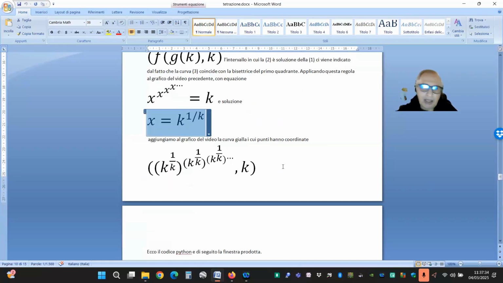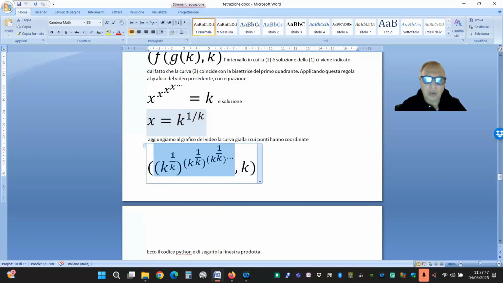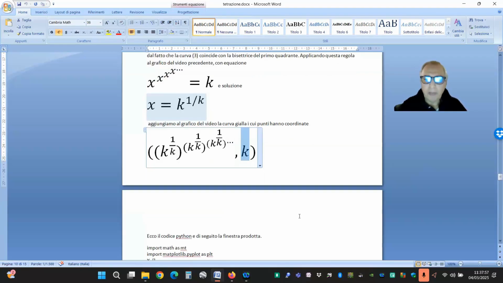So picking up the program again, do you remember I said we had done some tests on the code that printed the graph? I completed these tests, and I calculated an infinite tetration at the point that for every k gave me the solution, and I compared it with k, okay?